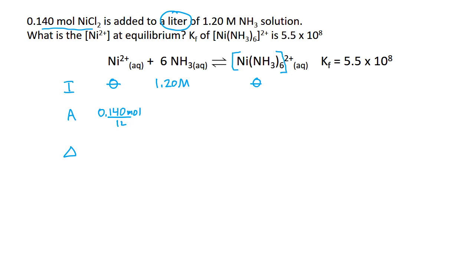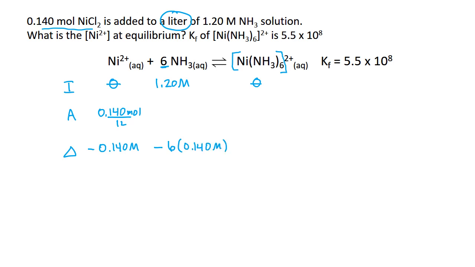If I look at this, what's going to happen is this is the smallest number and it's all going to react. So I'm going to put minus 0.140 molar. When it reacts, 6 of these ammonias are going to react with 1 mole of that. So I'm going to subtract 6 times 0.140 molar.